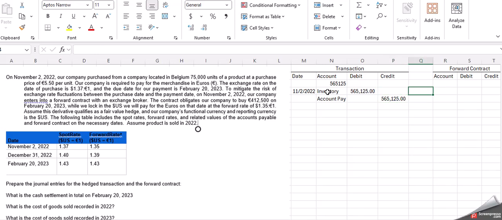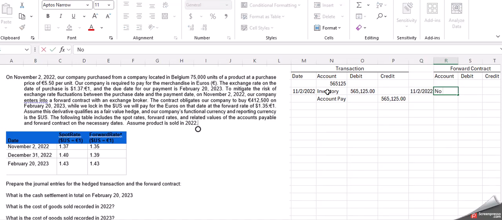And then on that same date, we enter into that forward contract, but on that date, there's no change. There's nothing that happened in value. So we're legally obligated to the contract, but there's no money to set up, so no record to be made.